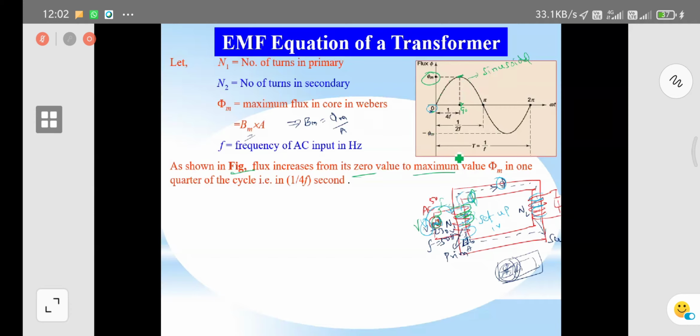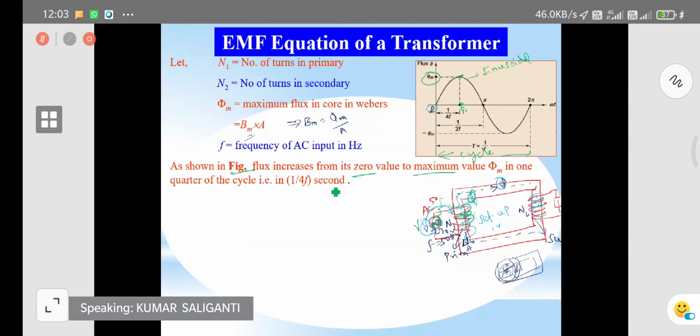This is one cycle. So that is in 1/4 of the frequency. Here, when you give the alternating voltage to the primary winding, an alternating or sinusoidal flux will be set up in the core, which links with the primary and secondary windings.